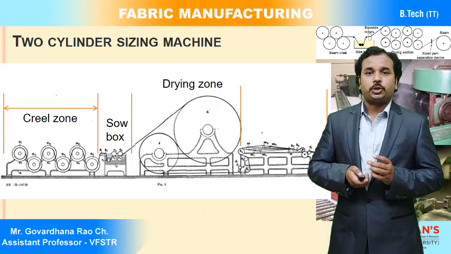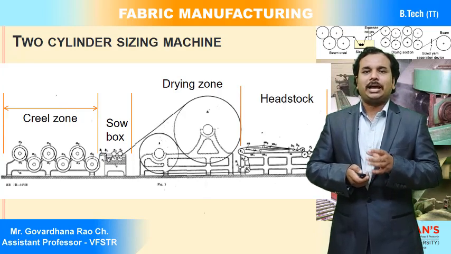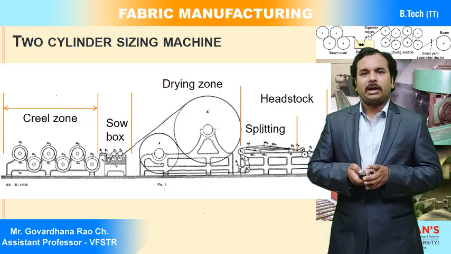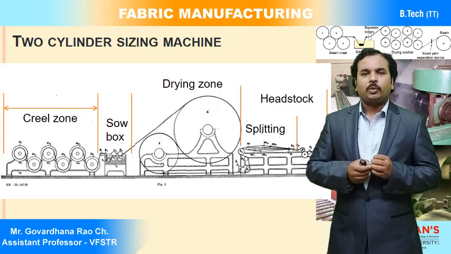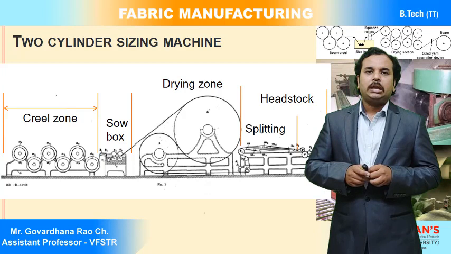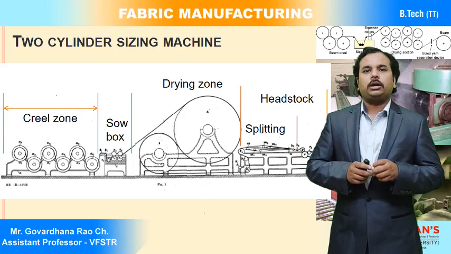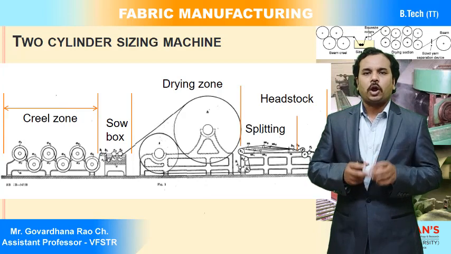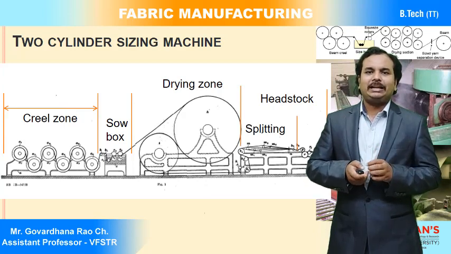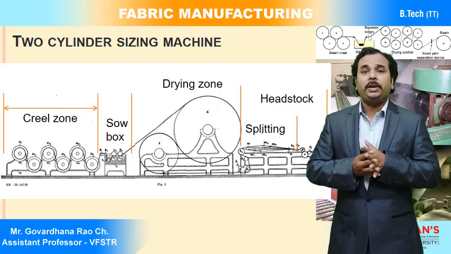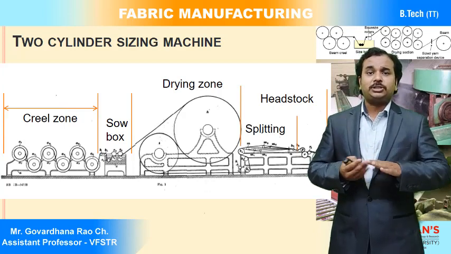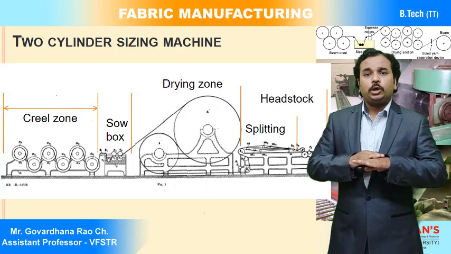in the headstock. So in the headstock there are several parts. After the drying, the warp sheet is passed through the splitting mechanism or splitting rods. This is where the warp sheet is split, because the size paste, which is a gummy substance, is applied onto the warp.